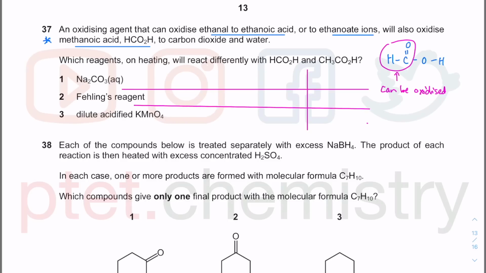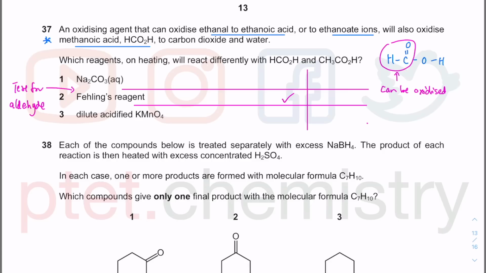I'm going to put a tick across based on this simple table which I have just drawn up. Looking at the second one, Fehling's reagent is a test for aldehyde. We don't have an aldehyde, do we? Yes, we do. We have something that looks like an aldehyde fragment there. So methanoic acid can react with Fehling's reagent.